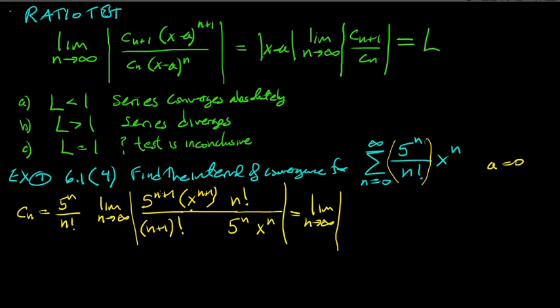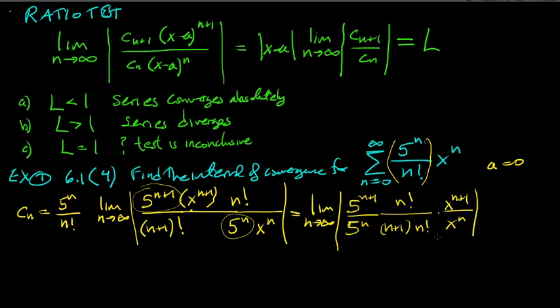We have the absolute value of 5 to the n plus 1 over 5 to the n, which is just 5. Then n plus 1 factorial is n plus 1 times n factorial, and n factorial cancels. Then x to the n plus 1 divided by x to the n is just x.